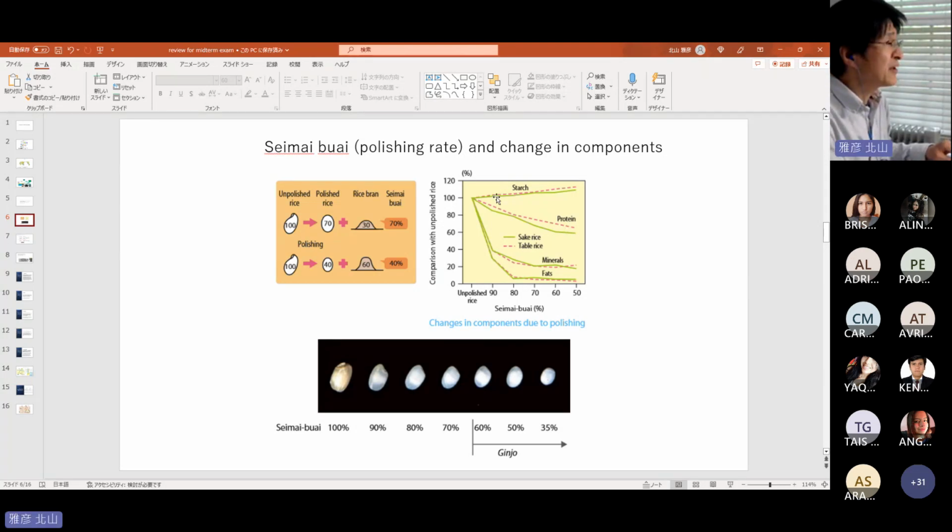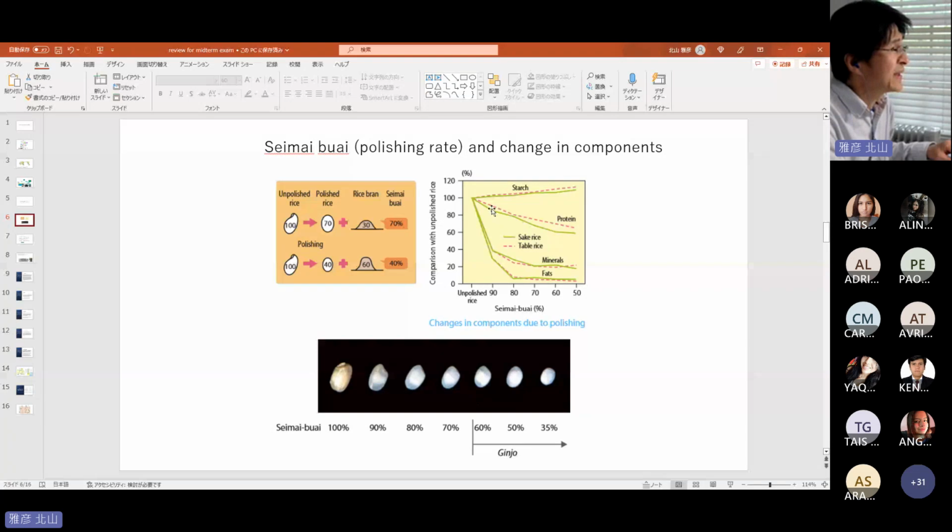And if we polish the rice grain to a polishing rate of 90%, like this, we can discard fat very much. More than 70% of fat will be discarded at a polishing rate of 90%.